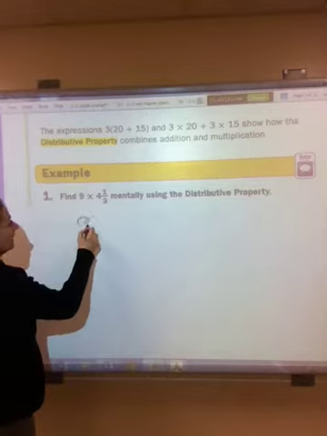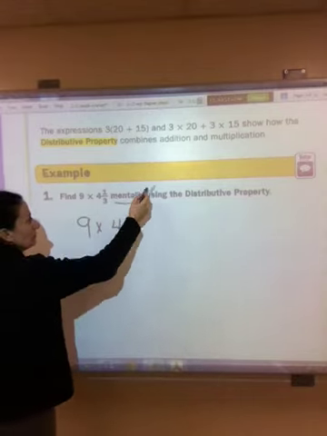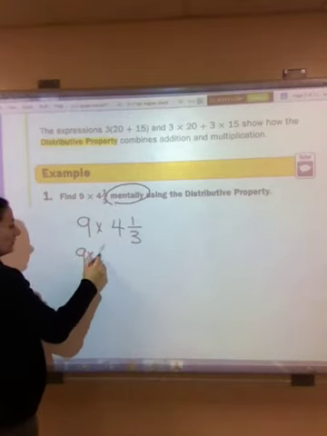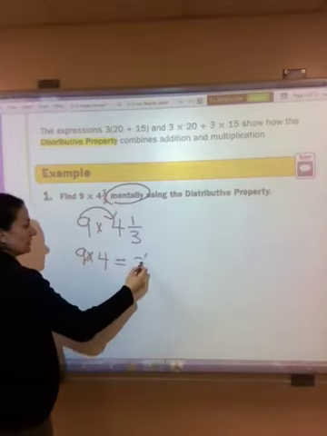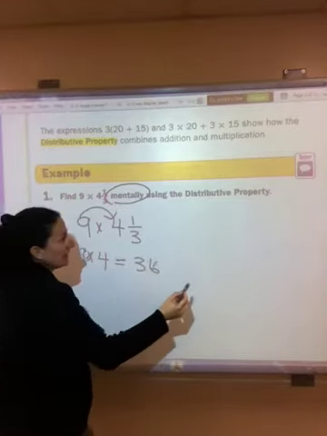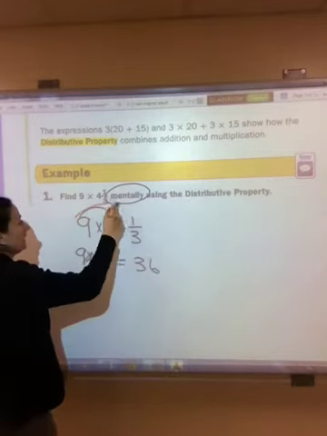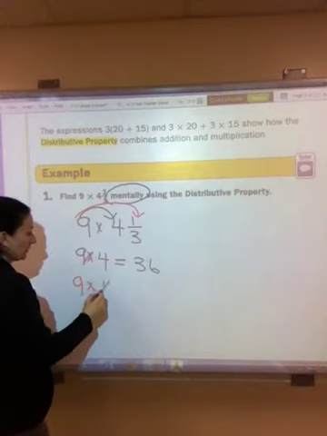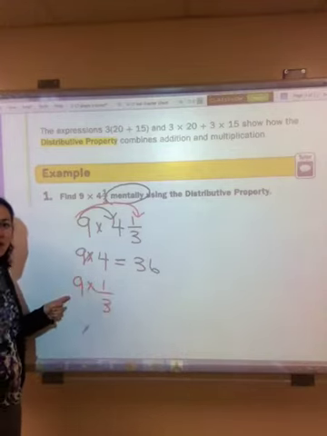So to solve 9 times 4 and 1/3, what I could do mentally is I could do 9 times 4, which I know is 36, and then, let me use another color so you can see what I'm doing, 9 times 1/3. 9 times 1/3 is the same thing as doing 1/3 of 9.